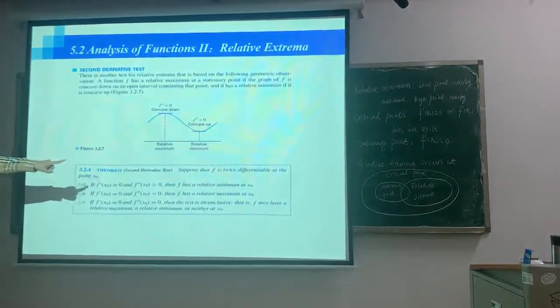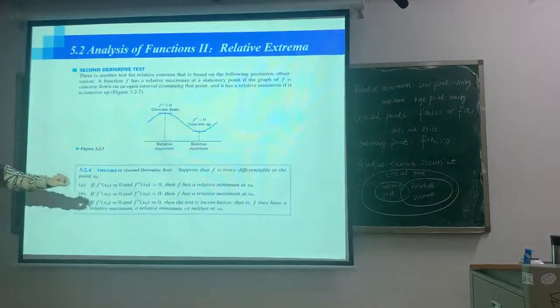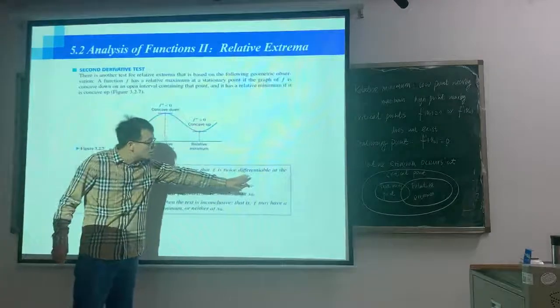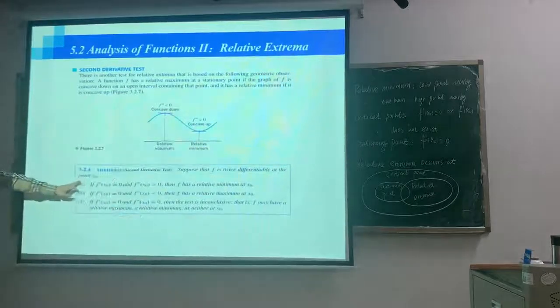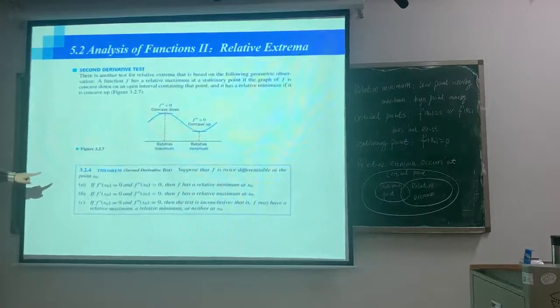The second derivative test. Suppose that f is twice differentiable at the point x0. If f prime equal to 0 and f double prime greater than 0, then f has a relative minimum at x0.